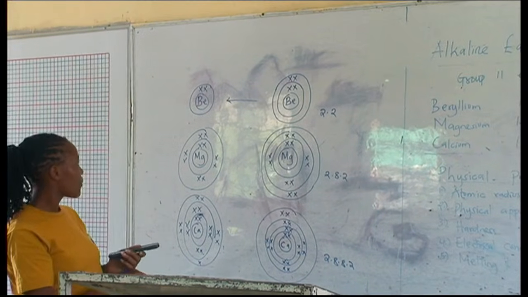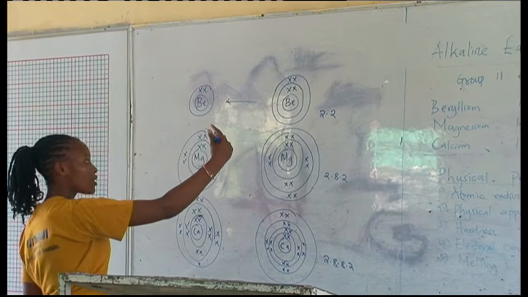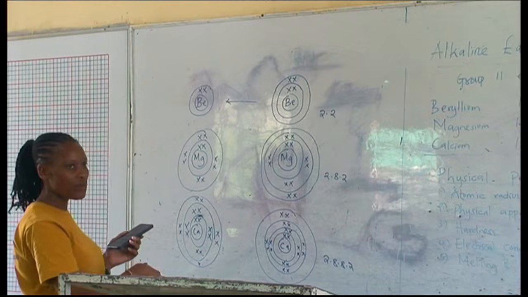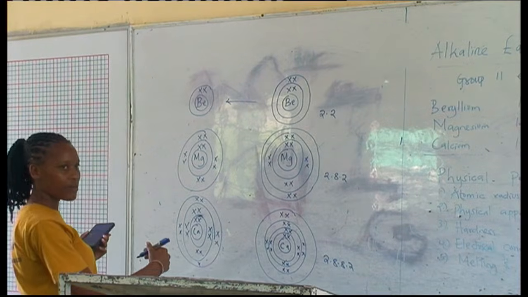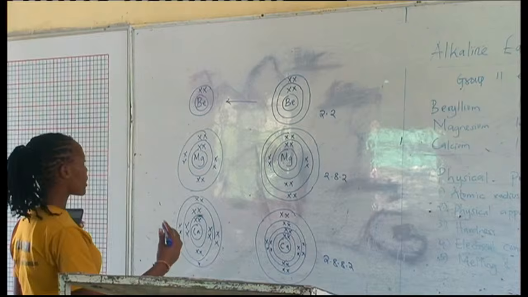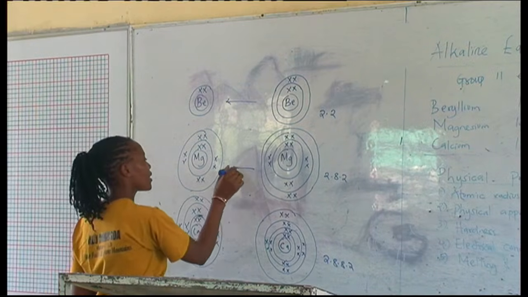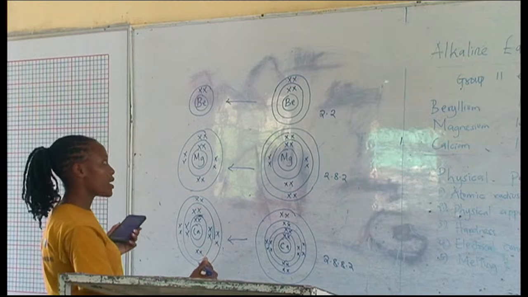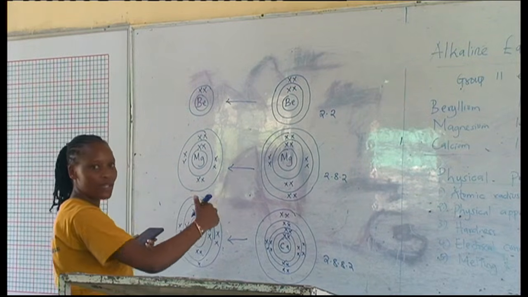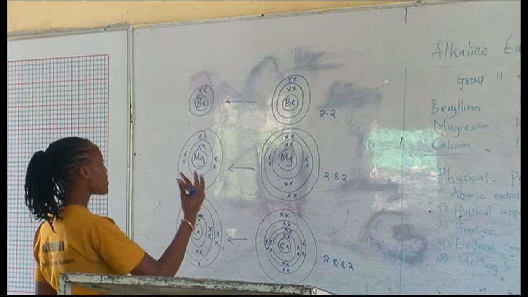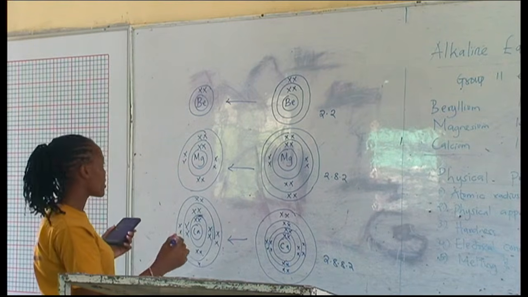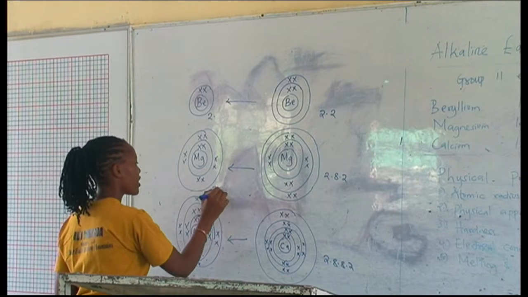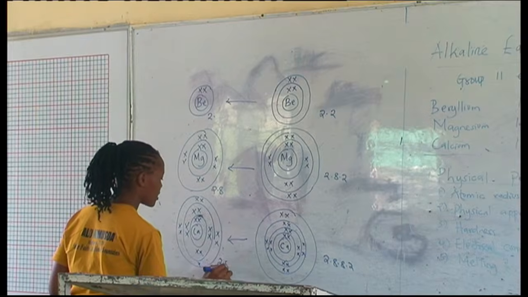and therefore these are the structures of their ions. When you look at both the atomic radius and the ionic radius, they both increase as you move down the group because of an increase in the number of energy levels. But when you now move to comparing the atomic sizes and the ionic sizes, you realize that the atomic size of each element in group 2 is larger than their ionic size, because when they form ions, they lose energy levels, and therefore their sizes decrease.